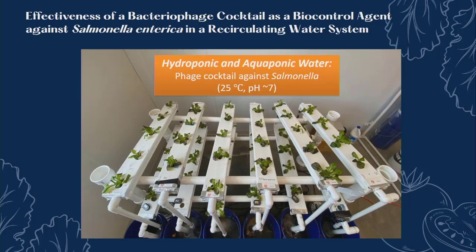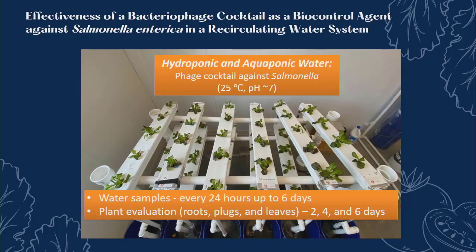What is a phage cocktail? It's a combination of three or more phages, so we avoid some sort of resistance in the bacteria. And again, Salmonella. So we explored that. We collected water periodically up to 6 days, and also plant parts.